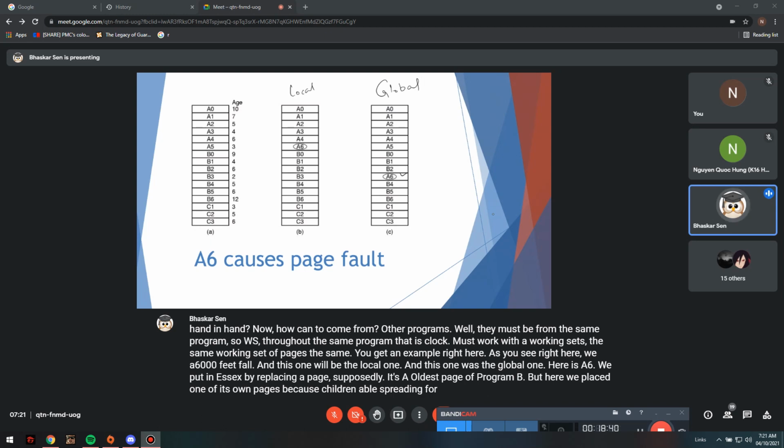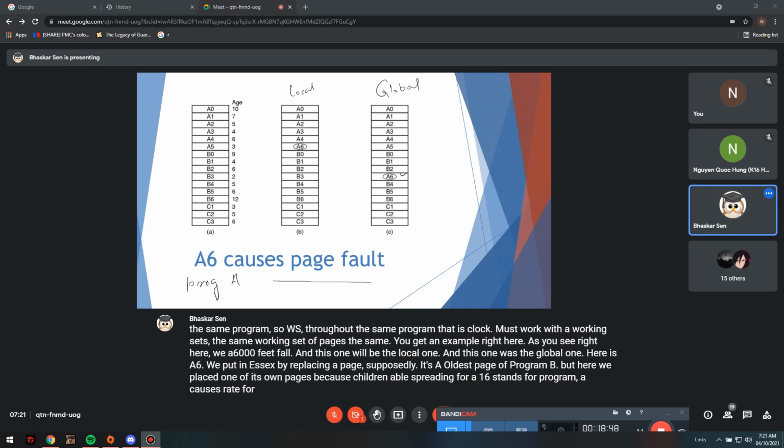A6 stands for program A causes page fault. This is local, this is global. So it's pretty easy to understand. It's not difficult at all.